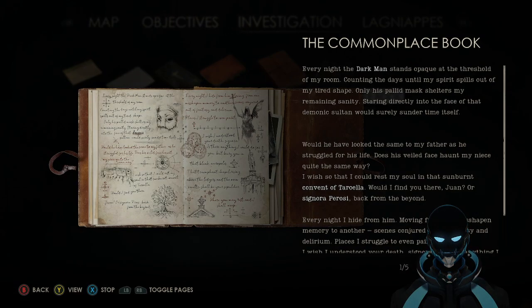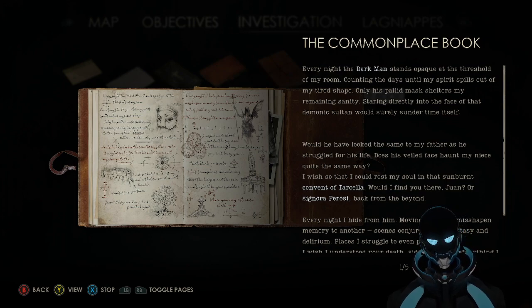Every night the dark man stands opaque at the threshold of my room, counting the days until my spirit spills out of my tired shape. Only his pallid mask shelters my remaining sanity. Staring directly into the face of that demonic sultan would surely sunder time itself.